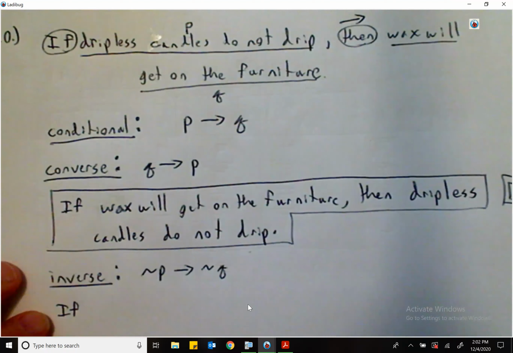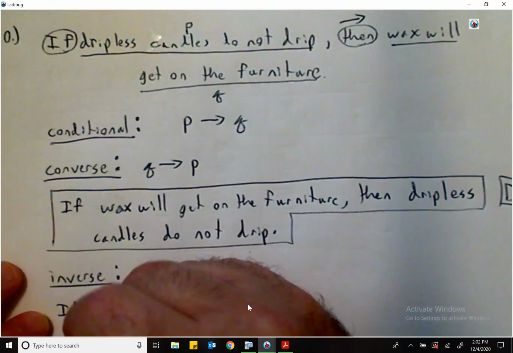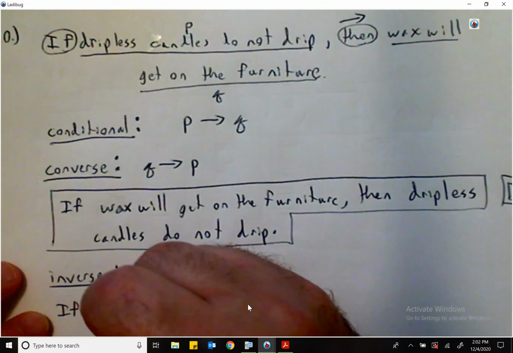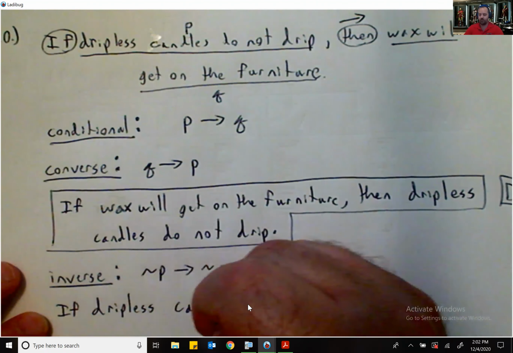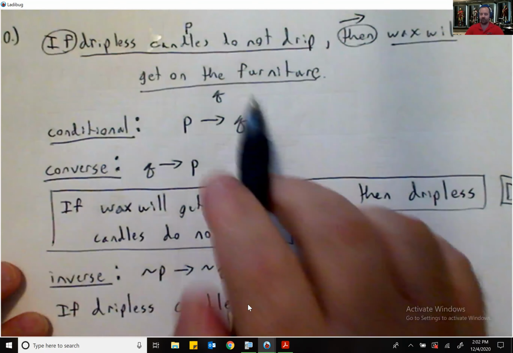If dripless candles do drip, because you're taking the opposite of this.